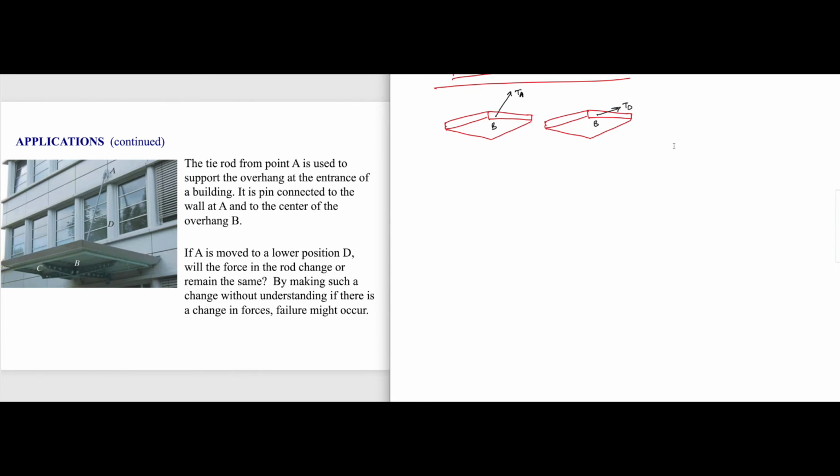And let's say this is the weight. Now tell me, in which case, case A or case B, is the tension of the rope higher? Is TA equal to TD, or TA greater than TD, or TA less than TD, or none of them? What can you say about that?